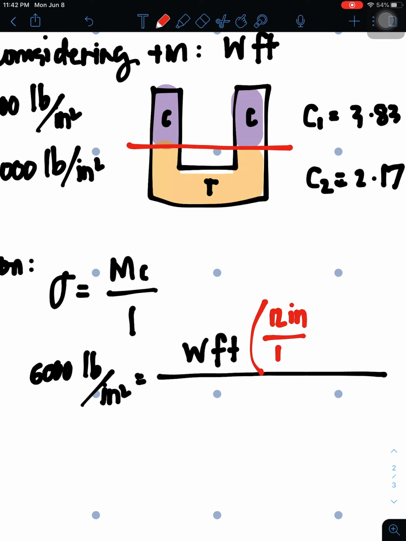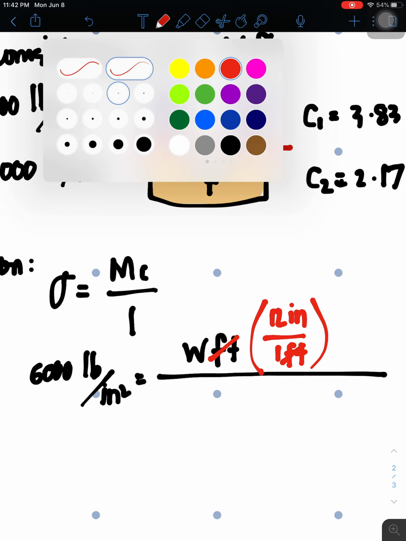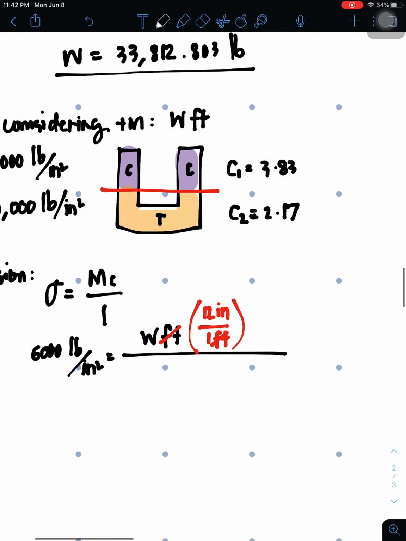So there would be 12 inches in 1 foot, so we can cancel that out. And then our C, of course, do not forget, since we are using tension, the stress is 2.17 inch divided by the I which is 62 inches to the fourth.